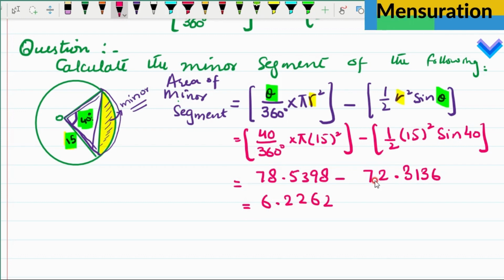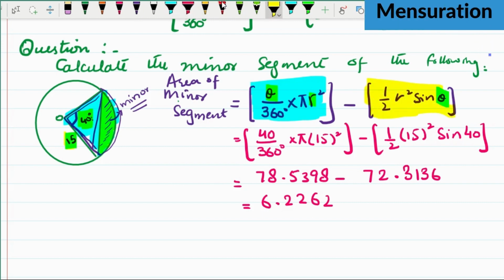What I did, basically we need to find this shaded portion, meaning the minor segment. Okay, to get the minor segment we need to calculate two things: the area of a pizza slice, which you can observe here, and then we have to calculate the area of a triangle.